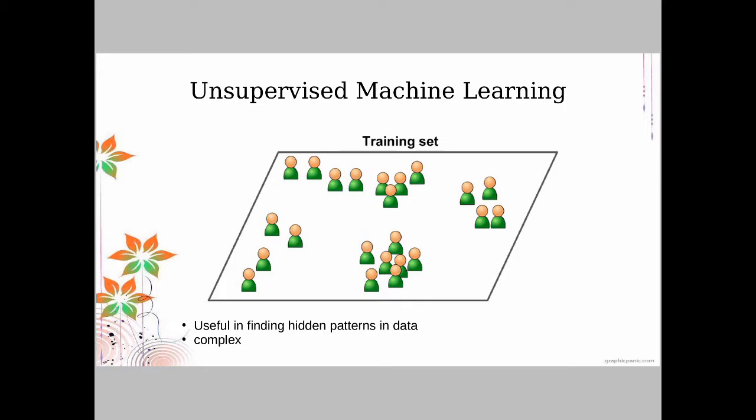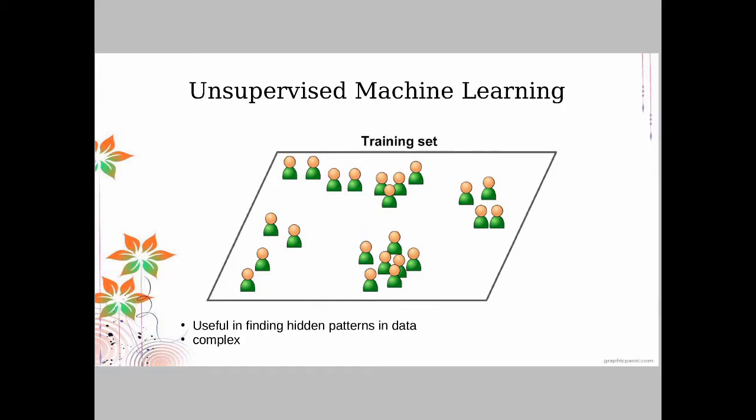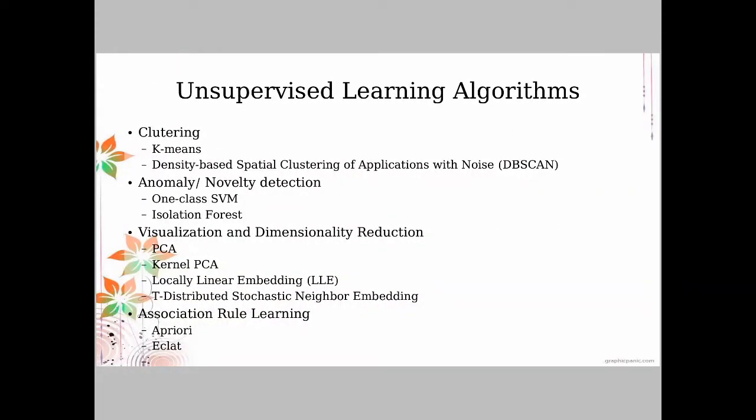This is a more complex approach, unlike supervised machine learning. Now we have several unsupervised learning algorithms. For the clustering type of algorithm, you have k-means and density-based spatial clustering of applications with noise.